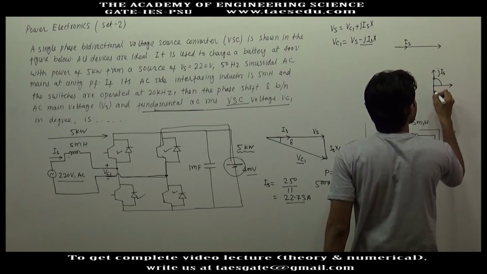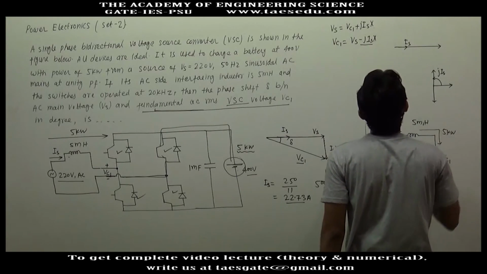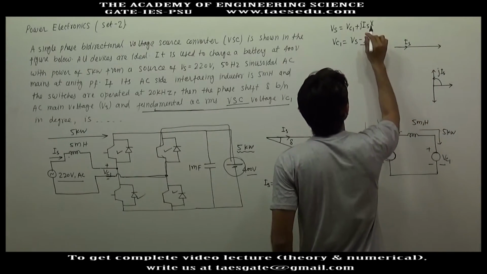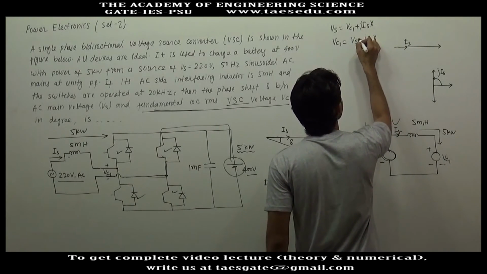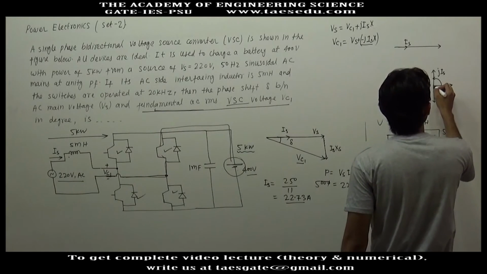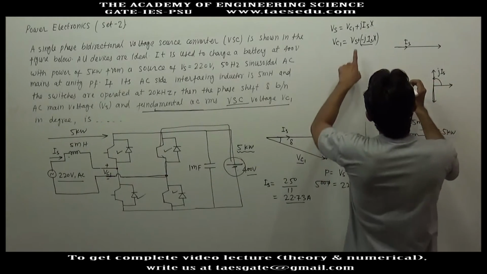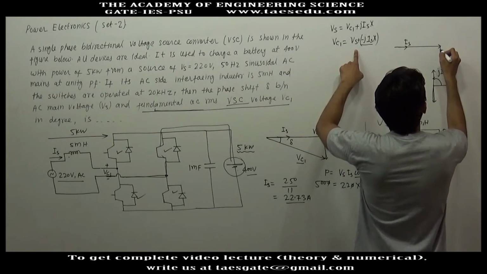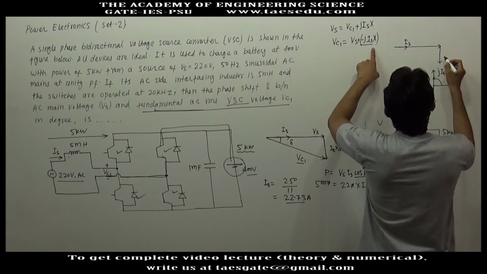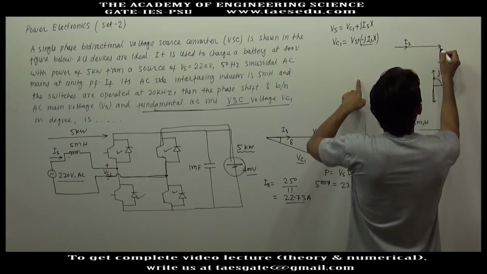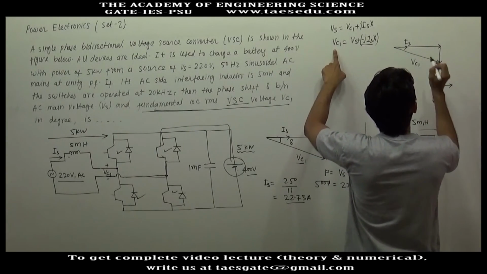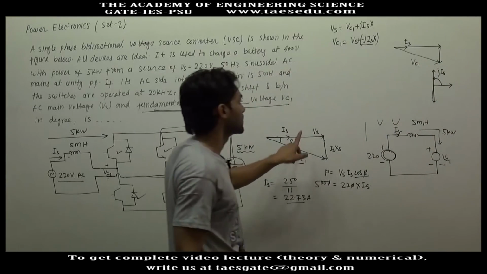Minus jIs will be in the downward direction. So Vs plus minus jIs into X, and minus jIs is in the downward direction. This is the direction of minus jIs X. So this vector plus this vector is Vc1. This is Vc1.